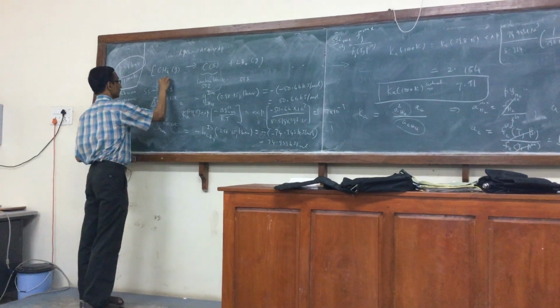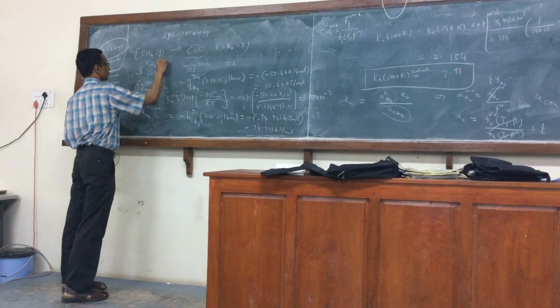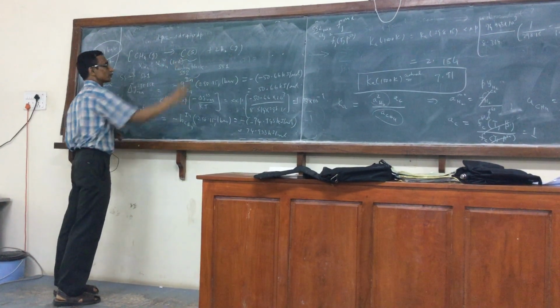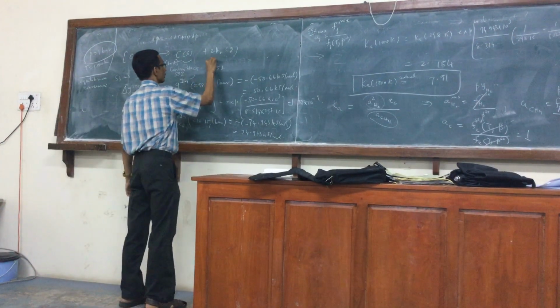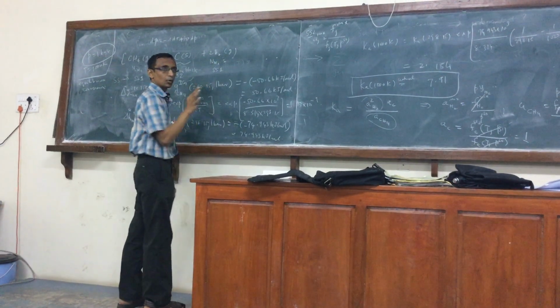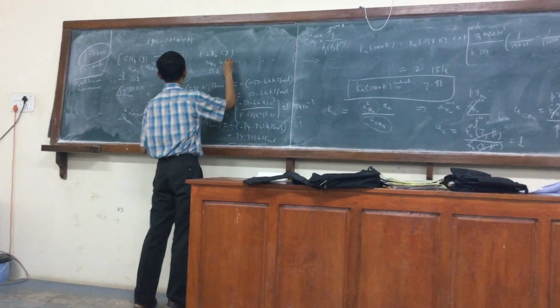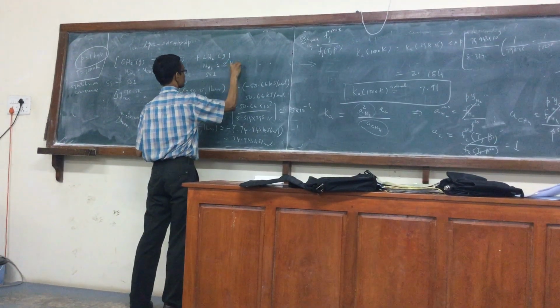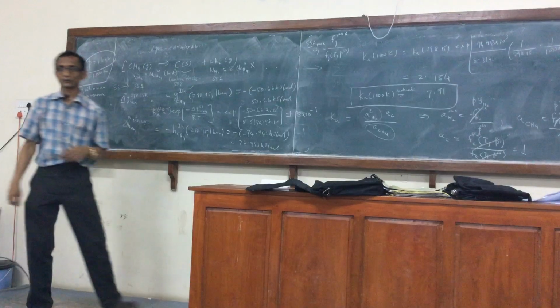So if I take N CH4 naught, I can define a conversion x. And NH2 would be, as you know, hydrogen is not present to begin with, so it will be 2 times N CH4 naught x.